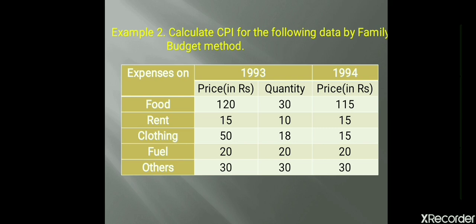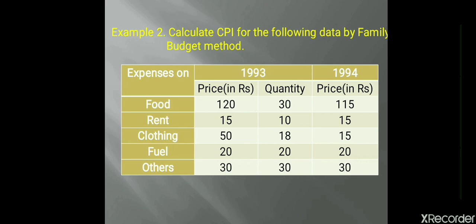So the notations for these columns are: price of base year is represented by P naught, quantity of base year is represented by Q naught, and price of the current year is represented by P1.